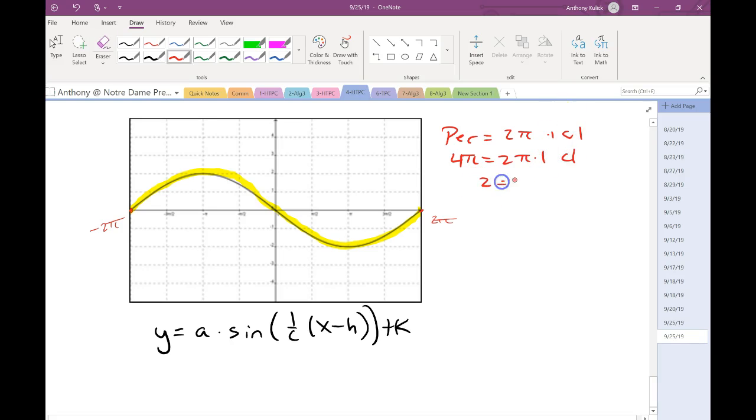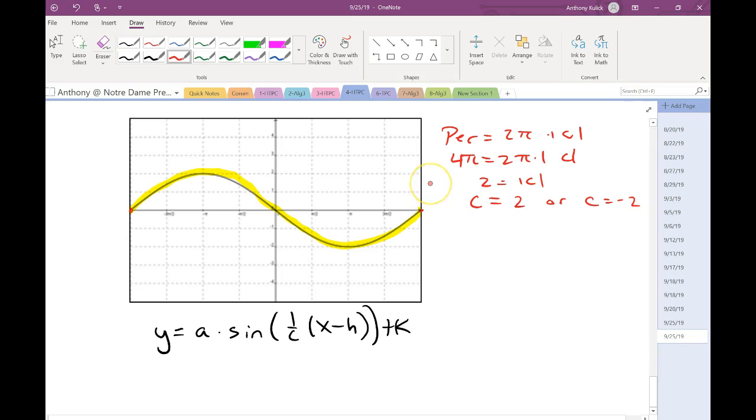So I can say 2 is the absolute value of C, or that C is 2 or negative 2. I'm going to put a pin in that for now. We'll come back to determining whether I want the positive 2 or the negative 2 in a moment. Everybody so far so good?